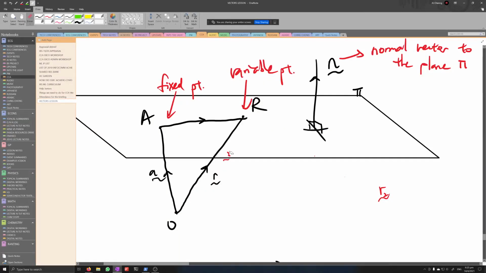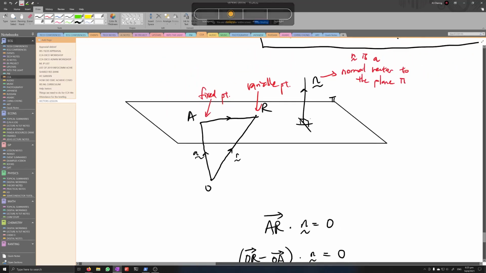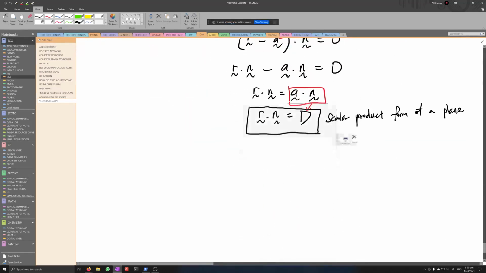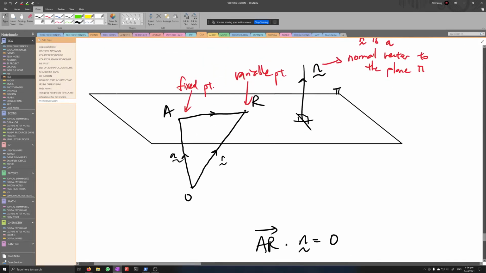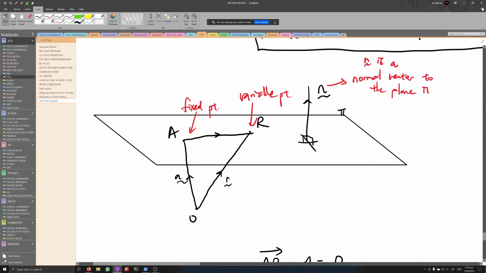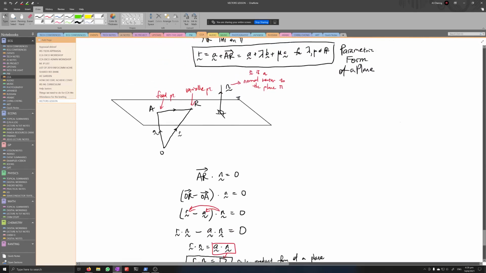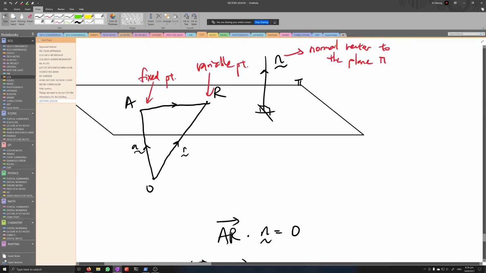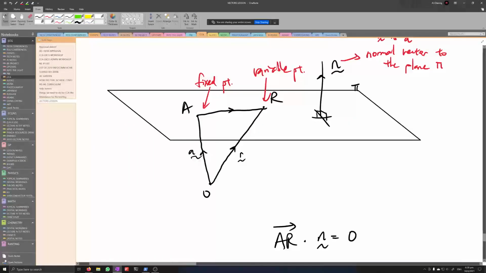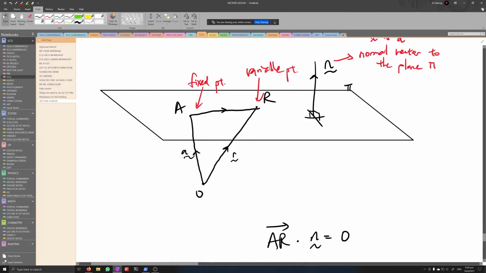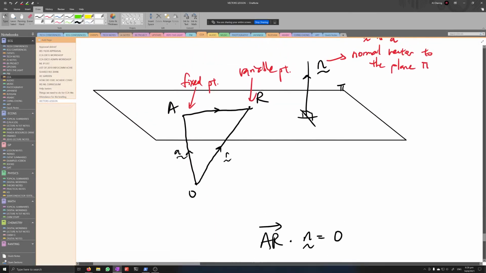If it's difficult to visualize this, don't worry, because for me also, I took around a few weeks to understand what r dot n equals d actually meant. So you can always review the recording later, and I'll also be publishing whatever I've drawn here today on the slide, on the Google Drive, so you can refer to it later.